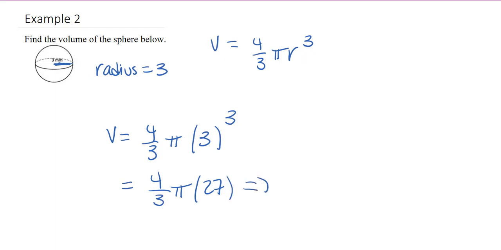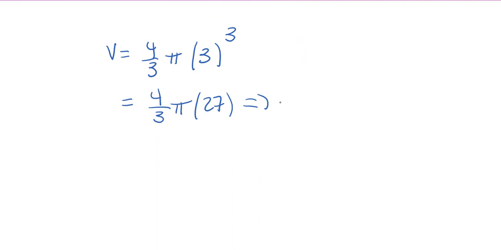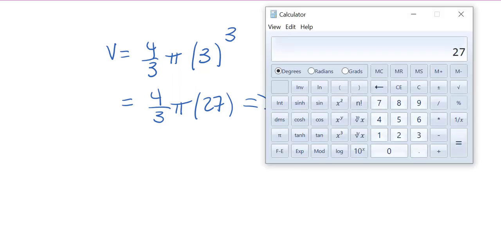What this really looks like is 4 times pi times 27, and then we're going to divide that by 3. So let's take 27 times this pi instead of doing 3.14. Either one works, I'm just showing you both ways in this video. Times 4. And then we just need to divide it by 3.